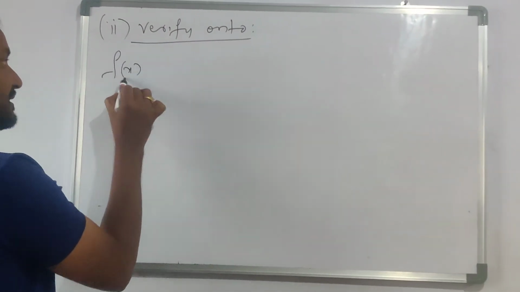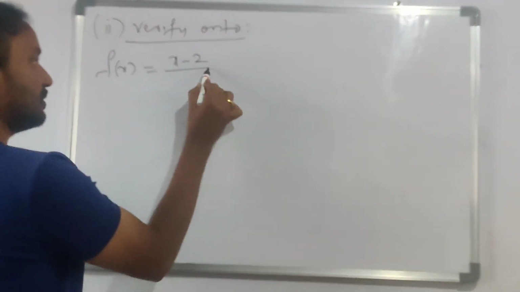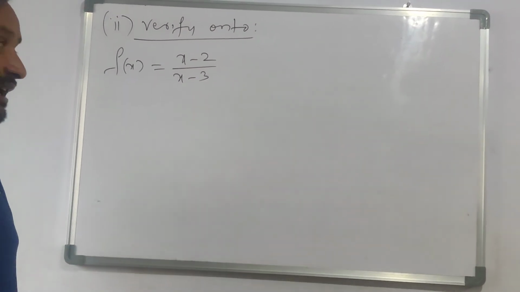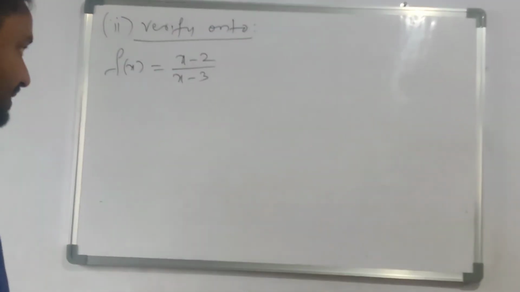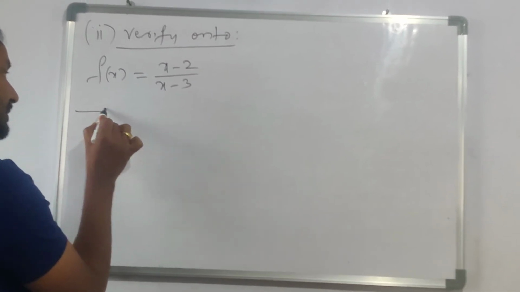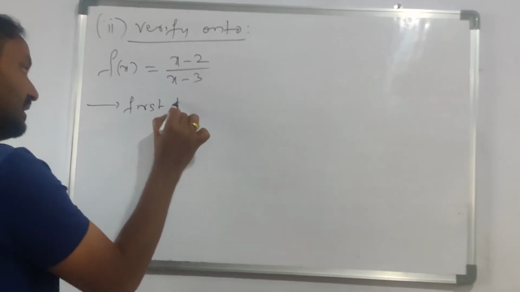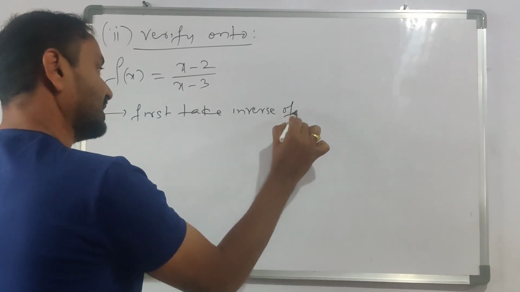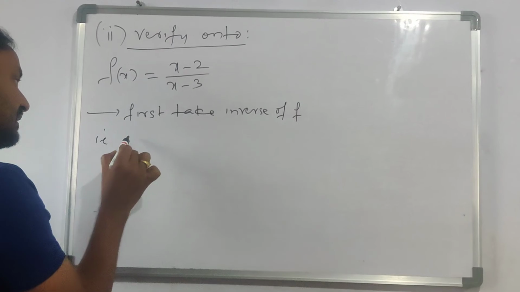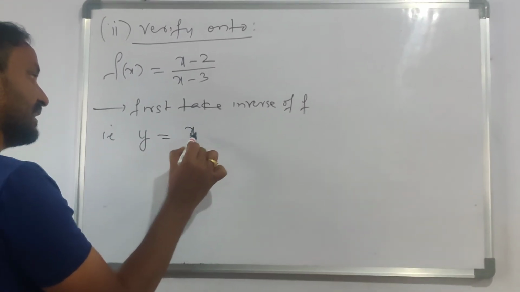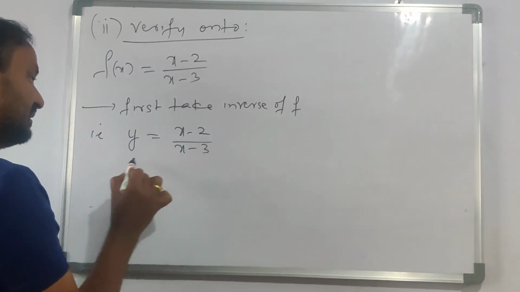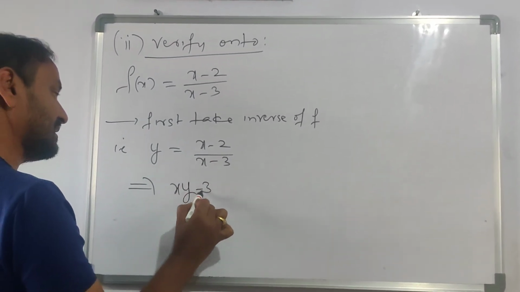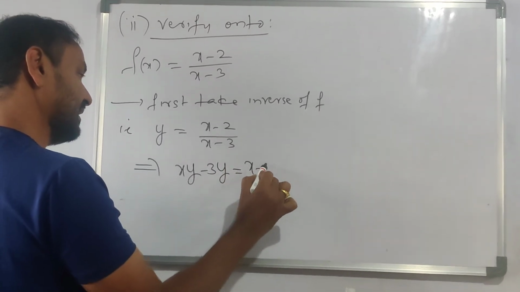That is f of x equal to x minus 2 by x minus 3. I am not taking the graph of the function. I will explain this with a different method. So here first take the inverse of f, that is y is equal to x minus 2 by x minus 3. That implies xy minus 3y is equal to x minus 2.